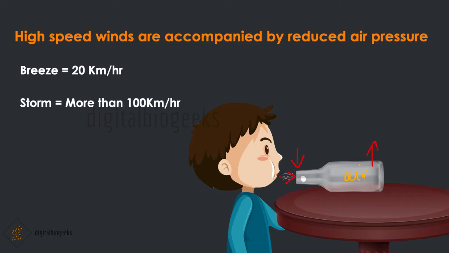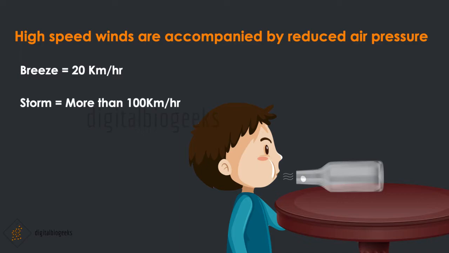This air inside the bottle exerts pressure in the opposite direction. This will push the ball out. So if we want to blow the paper ball inside the bottle, we need to blow so hard as to overcome the pressure inside the bottle. From this experiment, we can conclude that high-speed wind is accompanied by low air pressure.